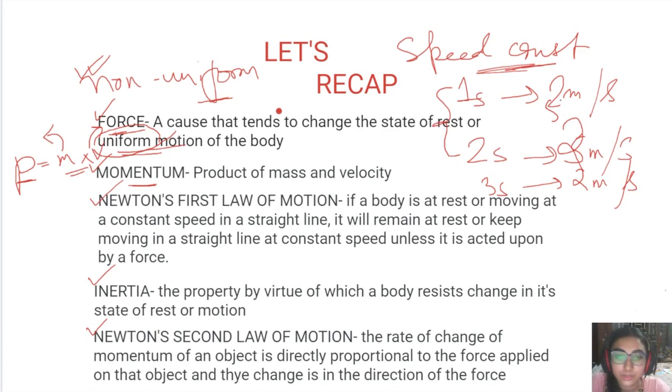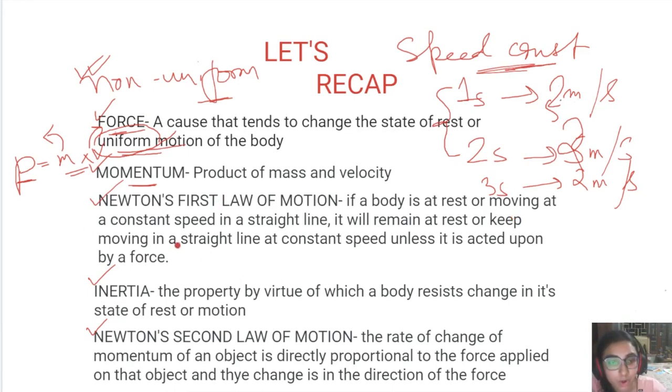Next comes Newton's first law of motion. We had talked about it. It's related to force and how it is applied. So if a body is at rest or moving at a constant speed in a straight line, it will remain at rest or keep moving in a straight line at constant speed unless it is acted upon by a force.